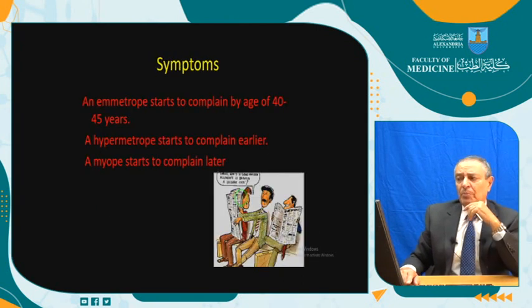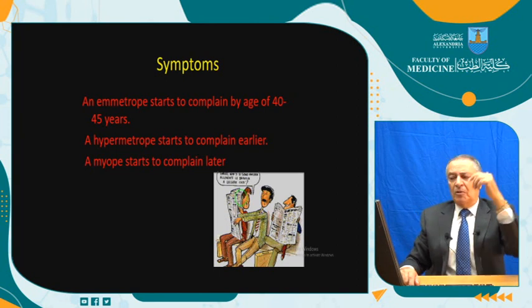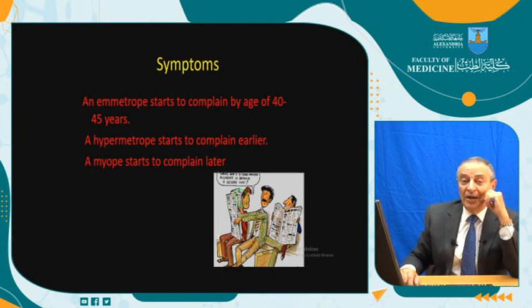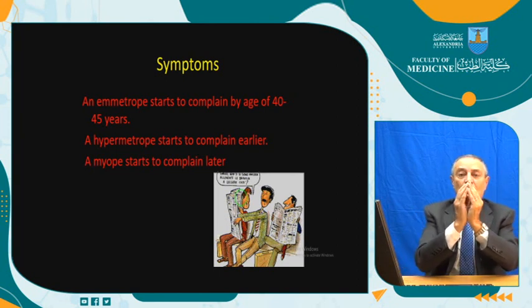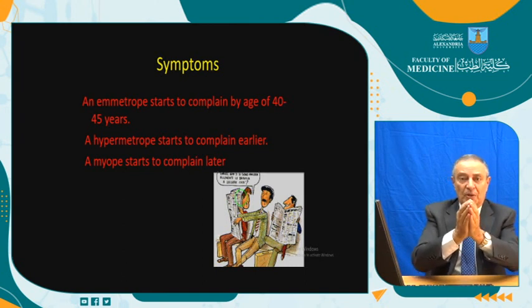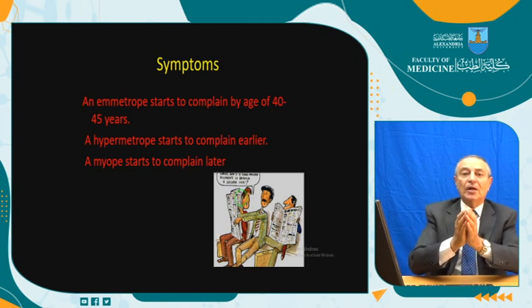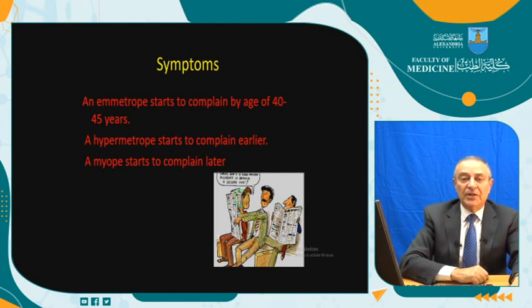The symptoms: an emmetrope starts to complain by the age of 40 up to 45. He has to hold things further away. A hypermetrope, as we have seen, must do some accommodation even at your age, 20 or younger, and that's why he will experience early presbyopia from 35, 36, earlier than the usual age.